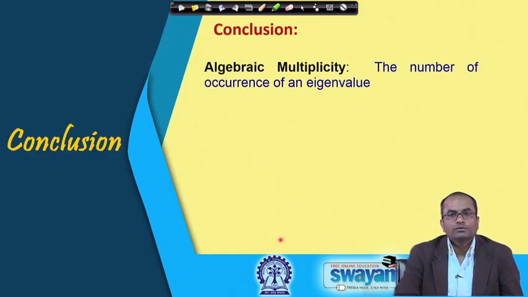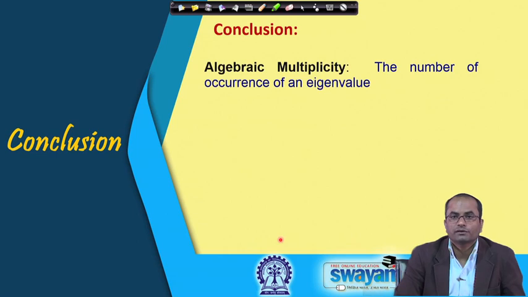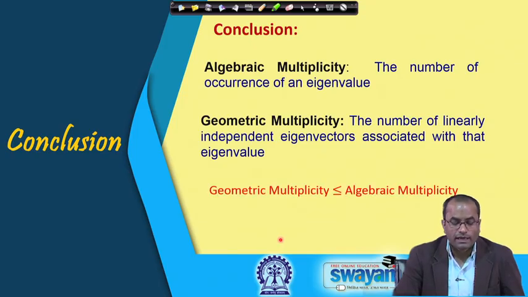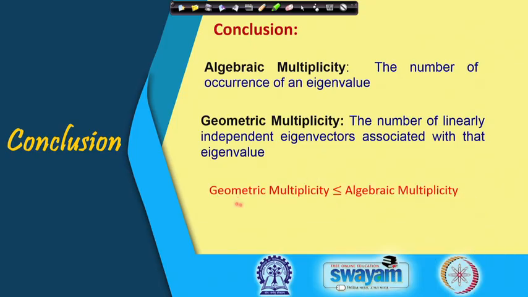Okay, coming to the conclusion. In this lecture we have talked about the algebraic multiplicity, which is nothing but the number of occurrences of an eigenvalue, and we have also seen the geometric multiplicity, which is the number of linearly independent eigenvectors associated with that eigenvalue. It is always the case that the geometric multiplicity is less than or equal to the algebraic multiplicity.